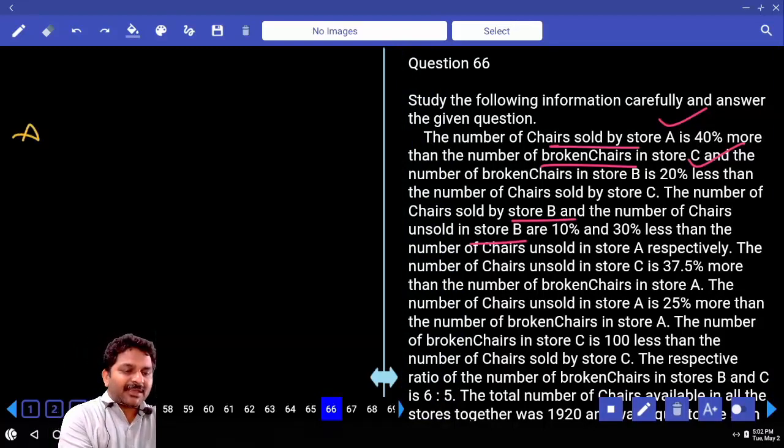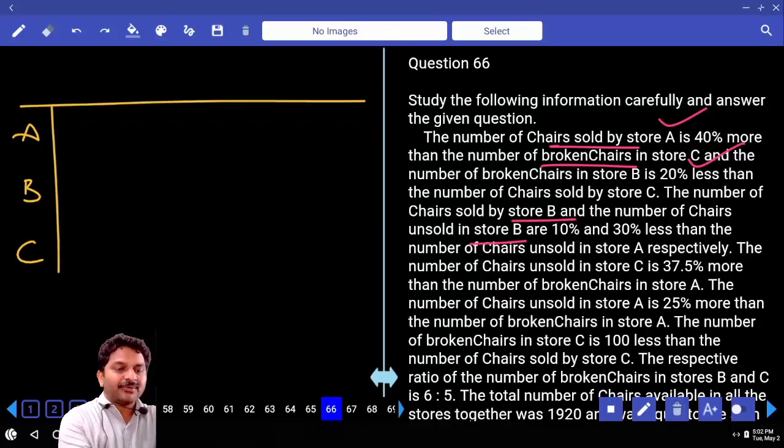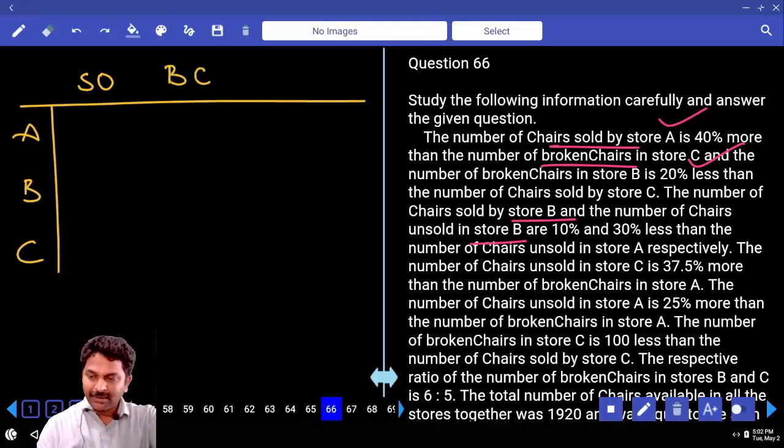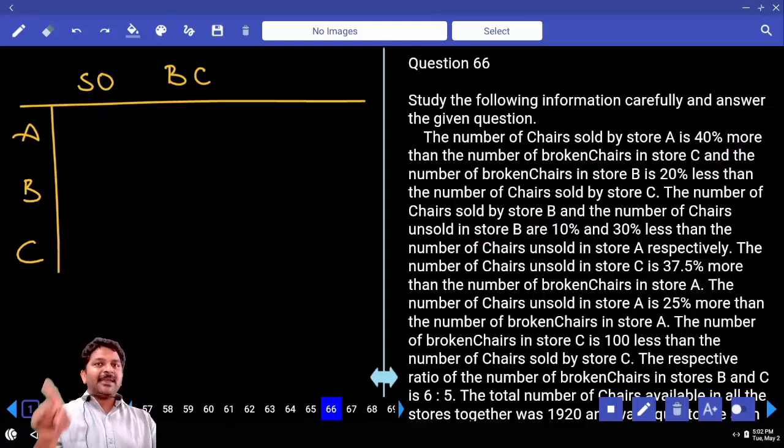So ideally speaking, we can write something like this: ABC, 3 stores, and so far they are talking about sold and then broken chairs. Understood? Right. Let us first identify the framing. So what columns will come, what rows will come, then we will fill the data. Okay?